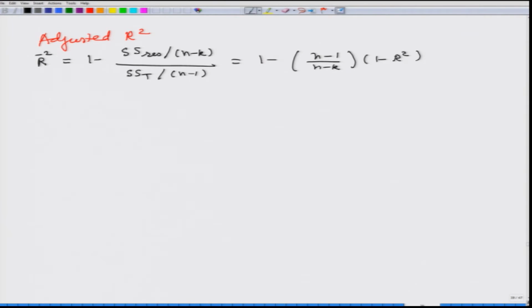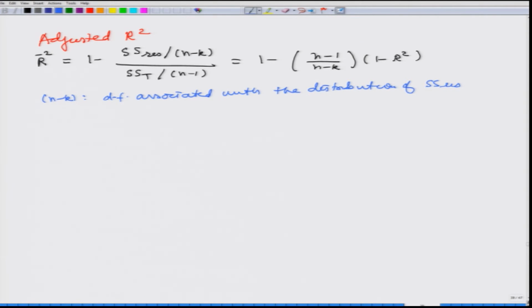Now, if you observe what we are doing here, we are dividing the sum of square due to residual by n minus k. If you recall, this n minus k in the context of sum of square due to residual was actually the degrees of freedom associated with the distribution of SSRes in the context of analysis of variance.